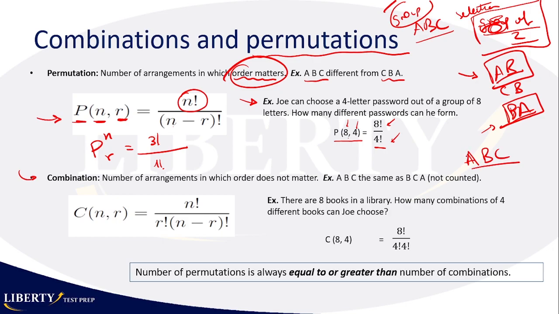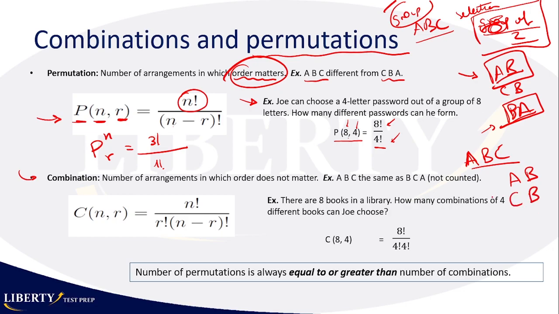A is Anna, B is Bro, and C is Charlie. Let's say 3 people, and you want to make a selection of 2 people out of these 3. One way to select would be Anna and Bro. Another way would be Charlie and Bro.